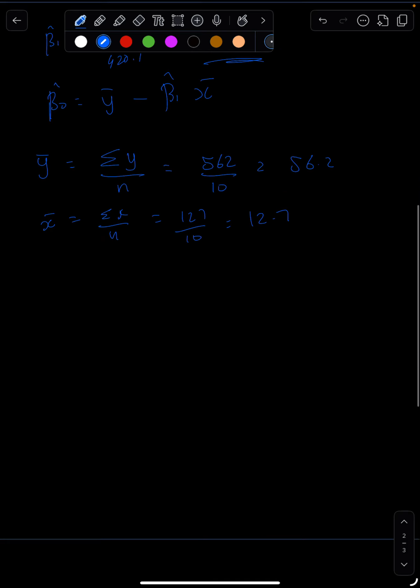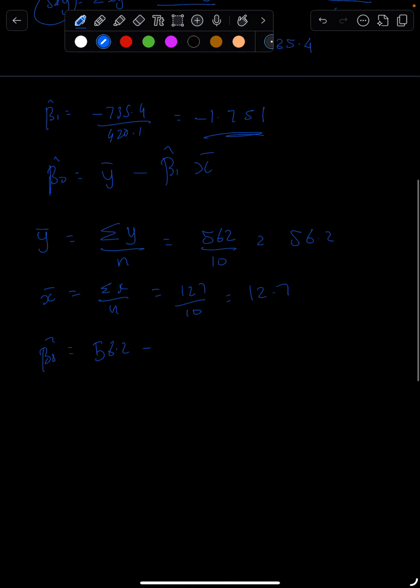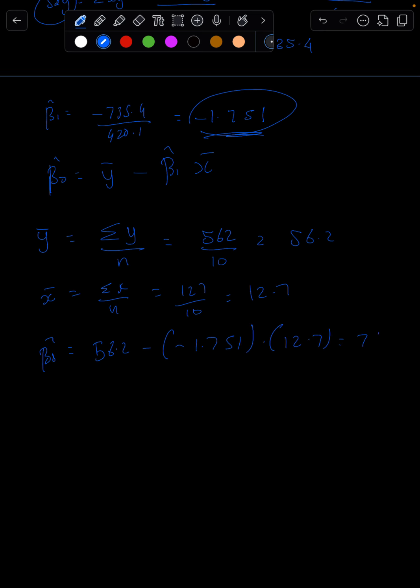Let's plug it all in. 56.2 minus, be very careful, you don't want to get your algebra wrong. So when you plug it in, put the brackets. We've got another minus here, so minus 1.751 times 12.7. That's going to give us around 78.4. Okay, so there you go.